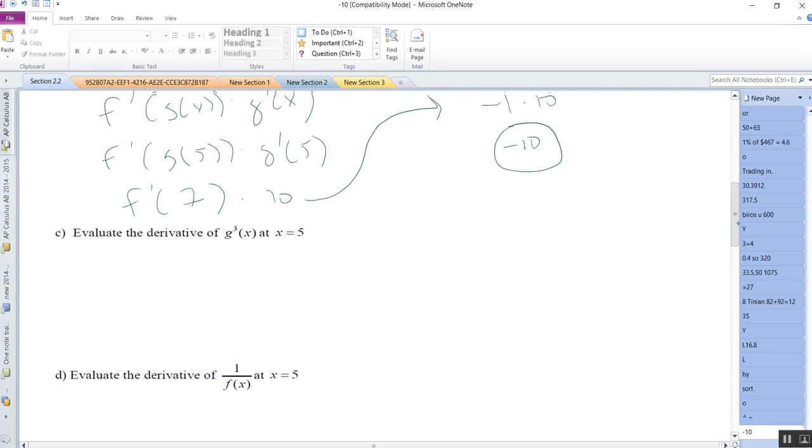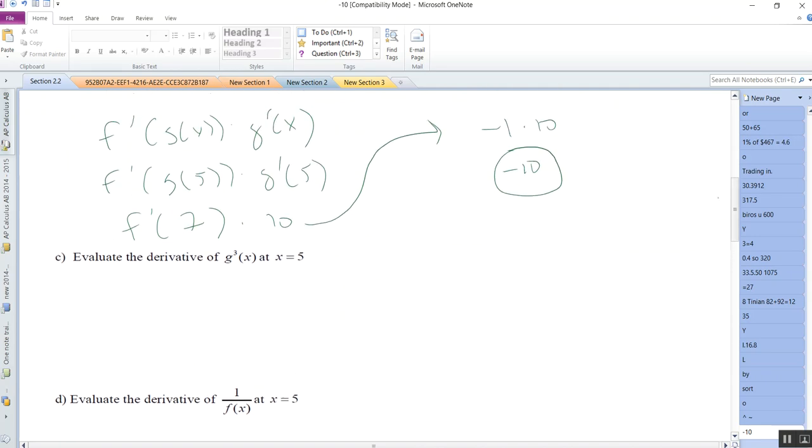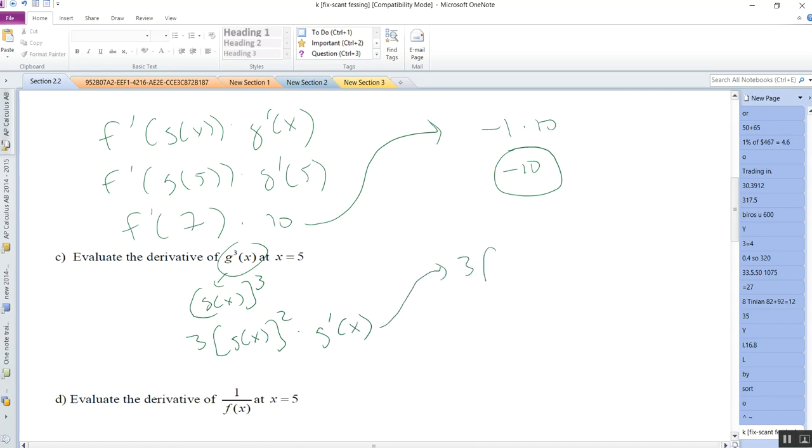We do have chain rule happening a couple more times here. Hopefully you realize that's just g of x cubed, so bring the 3 to the front, squared, but it's going to multiply by the derivative of the inside, which is that. And of course, we're substituting 5.